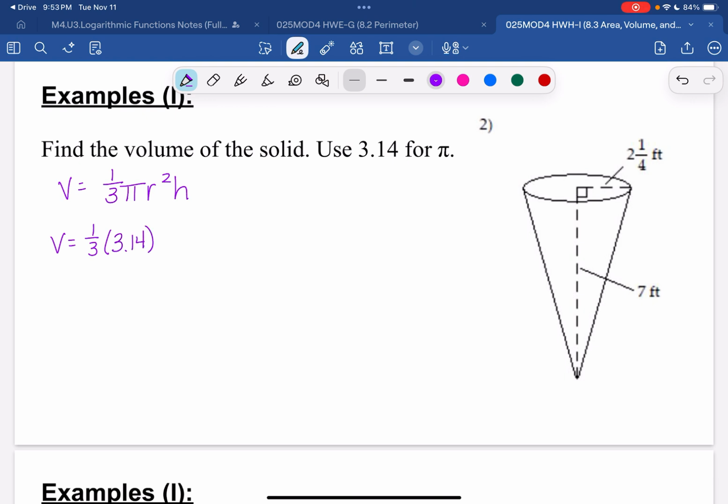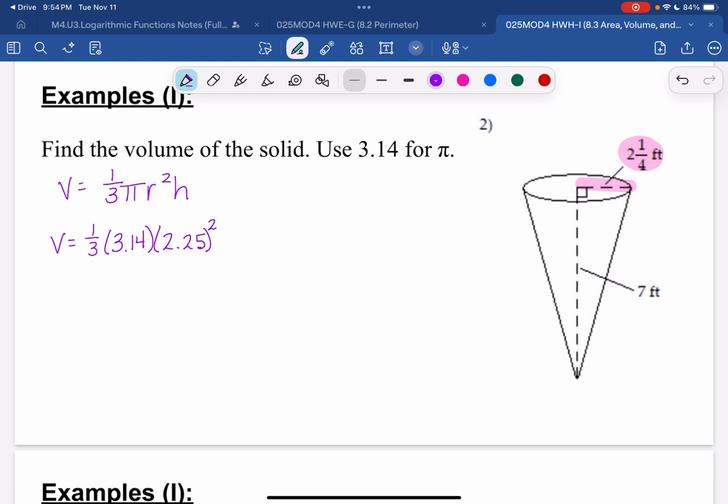The radius is going to be here on the top. The radius is always going to be right here, halfway across. So my radius is 2 1/4. I'm going to put that in here as 2.25, not 2.24. I said 5 and I wrote 4. My goodness. 2.25. You're welcome to keep it as a fraction. I just think it's easier to keep it as a decimal.